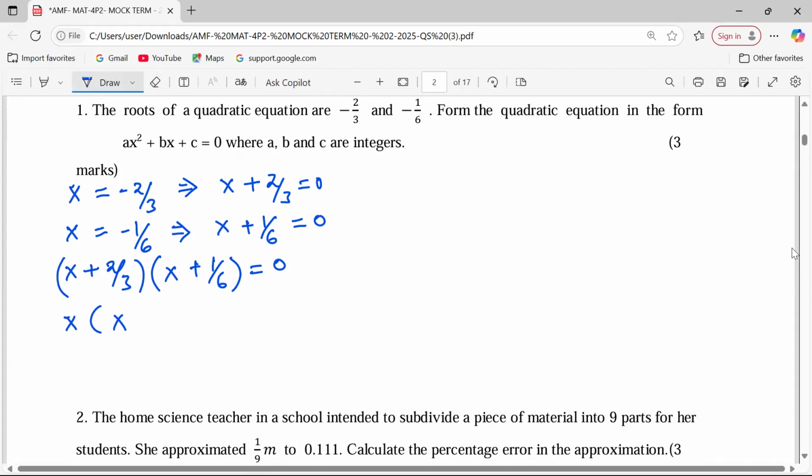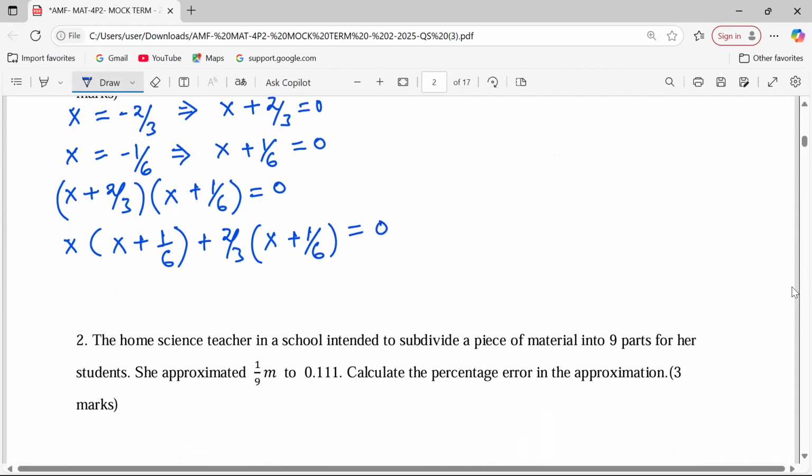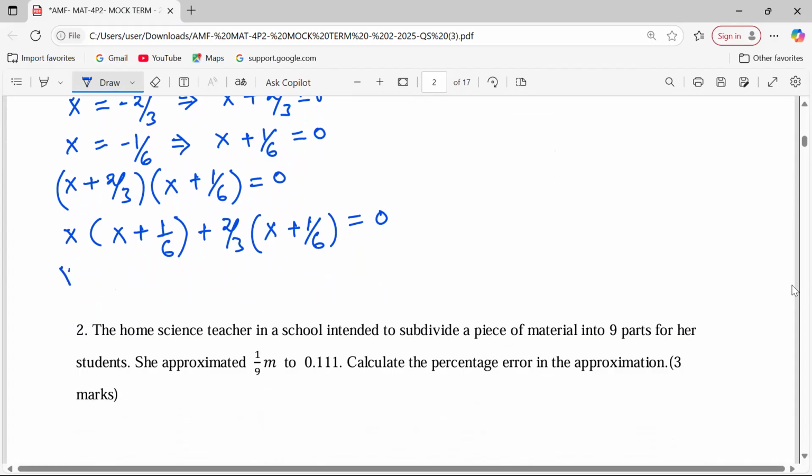So x should multiply x plus 1/6, then plus 2/3 should also multiply everything in the second bracket, equals 0. We can now open these brackets and have x squared plus 1/6 x plus 2/3 x plus 2 out of 18.